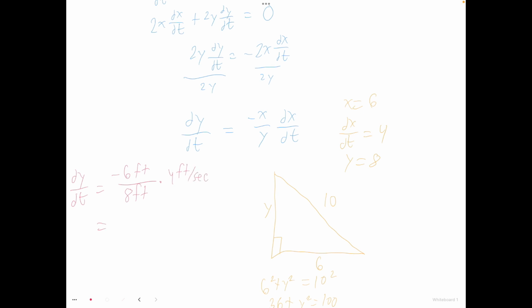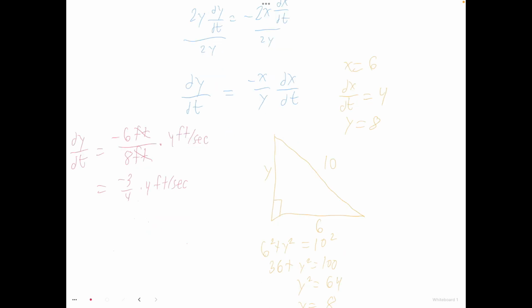And so multiplying this out, we're going to get negative 3/4 times 4, and then just in feet per second, the units of feet cancel on x divided by y. Now, multiplying this out, we get negative 3 feet per second. And so that then tells us that the rate at which we are sliding down the wall is 3 feet per second. So we were able to figure out how the y value is changing, knowing how the x value is changing.